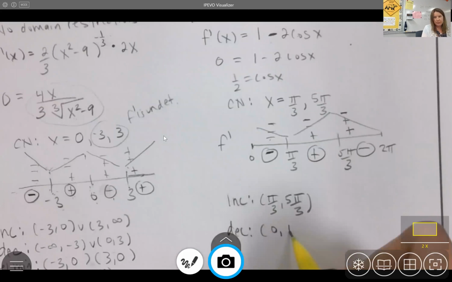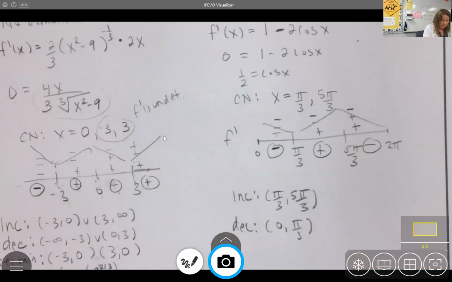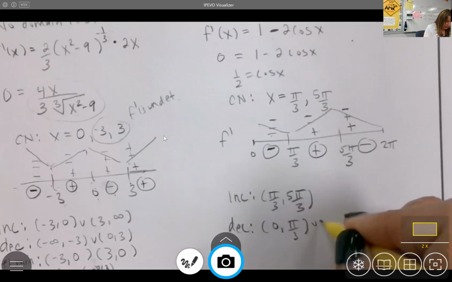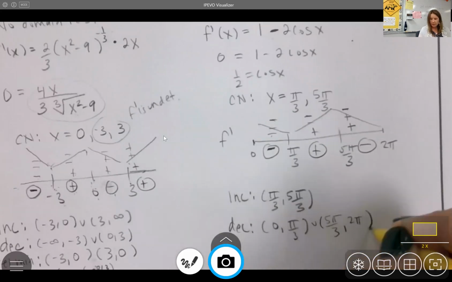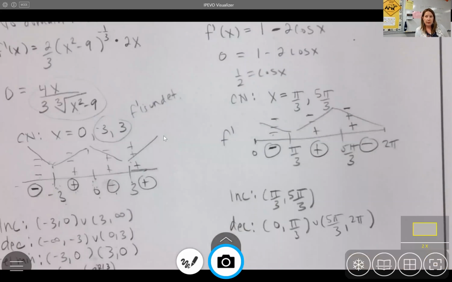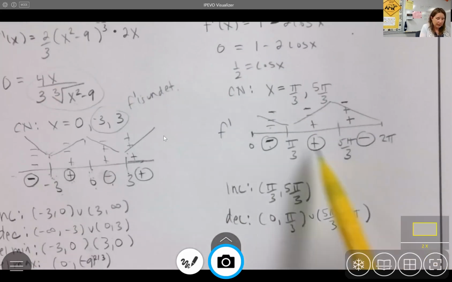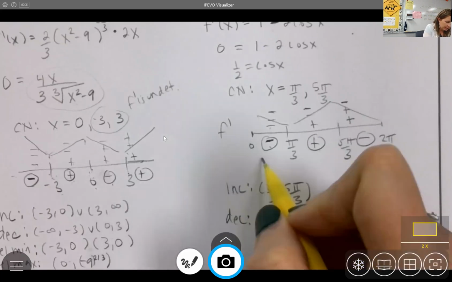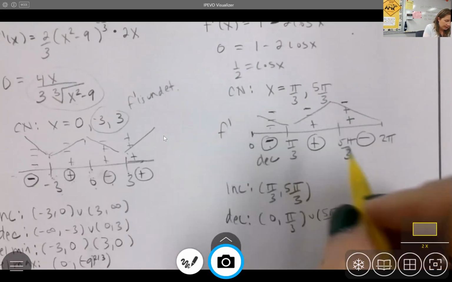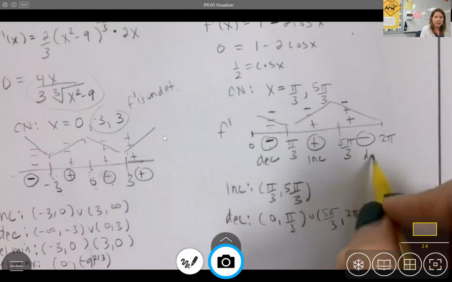So notice I put 0 instead of negative infinity, and then from 5 pi thirds to 2 pi. So that's all we have to do for increasing and decreasing: look where it's negative, positive, negative. Negative is decreasing, positive is increasing, negative is decreasing again.